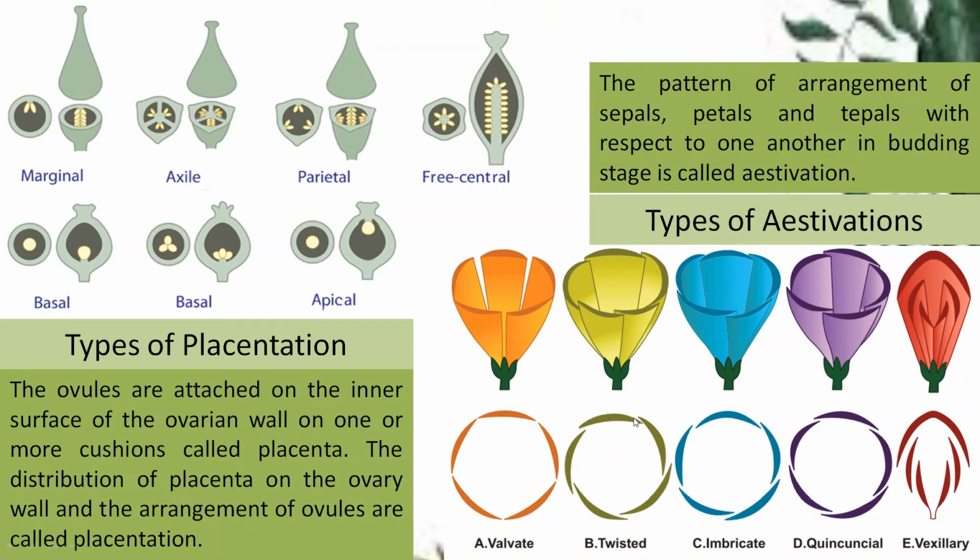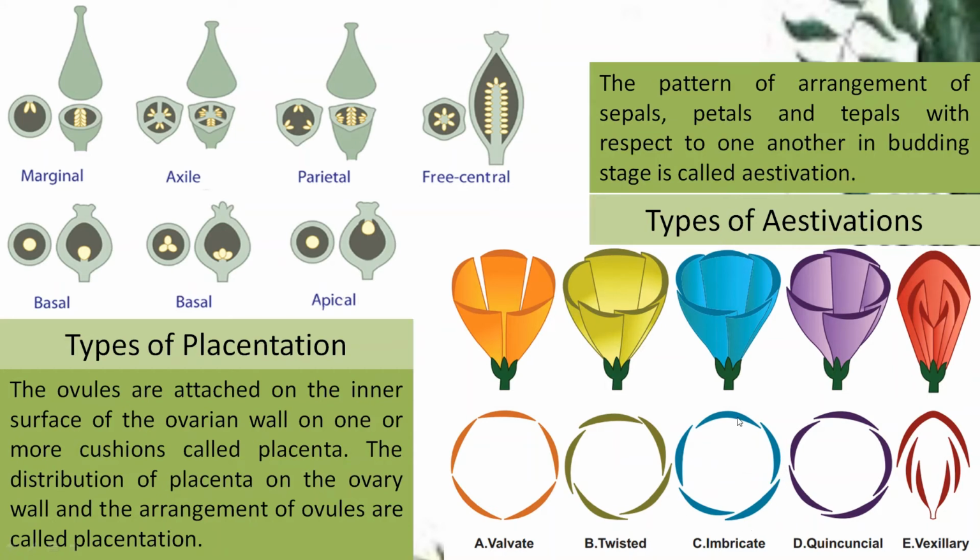Twisted, one overlapping the other. Imbricate: in imbricate, one is fully out, another is fully in, and the other three are twisted, overlapping each other.